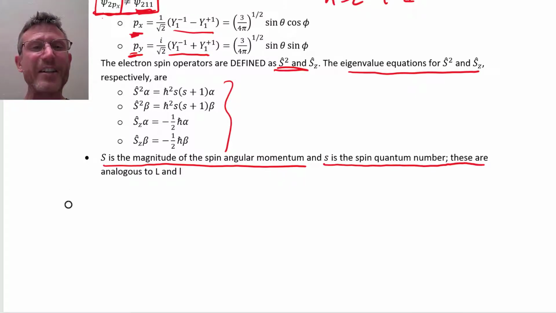These are chosen because they're analogous to capital L and little l for the orbital angular momentum magnitudes that we think about for an individual electron in an atom.